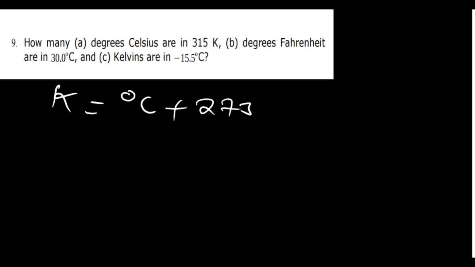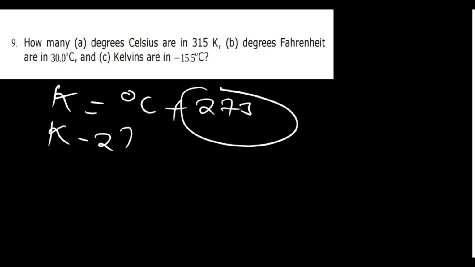Now since we have the Kelvin, we want to find degrees Celsius, so we make degrees Celsius the subject of the formula. I'm going to shift the 273 to the other side, so K minus 273 is equal to the degrees Celsius. The Kelvin we have is 315, minus 273.